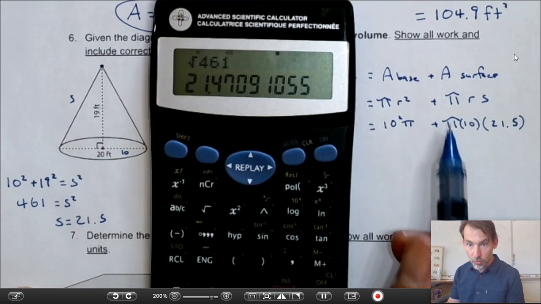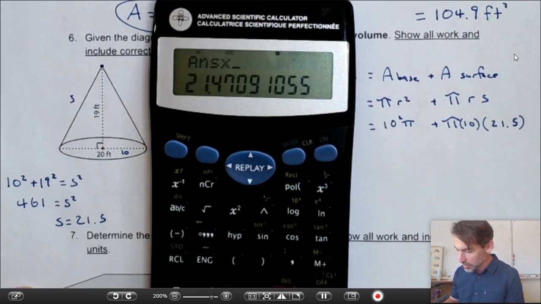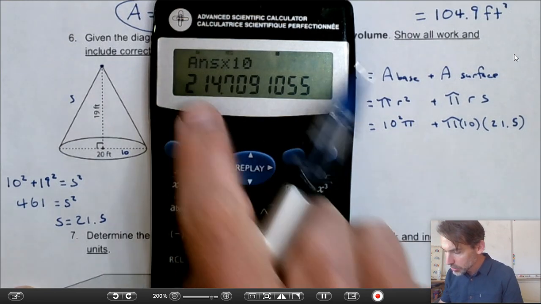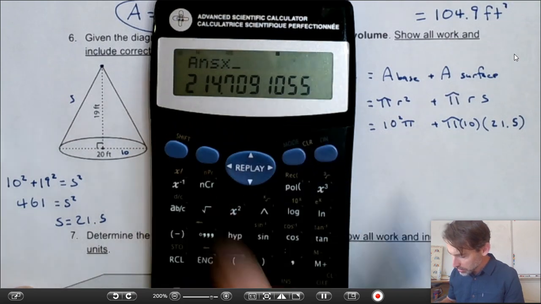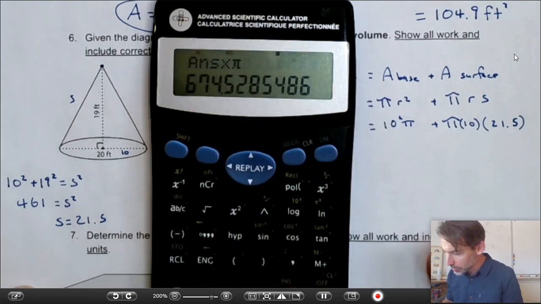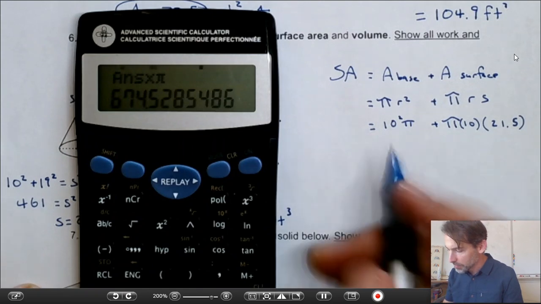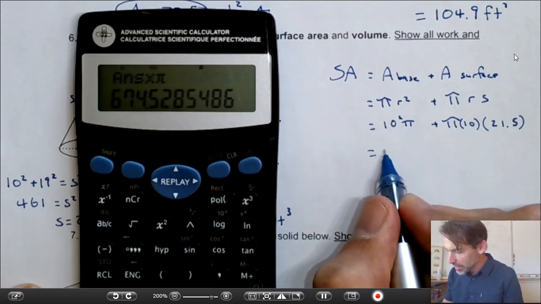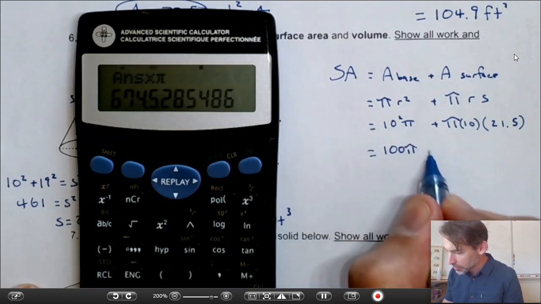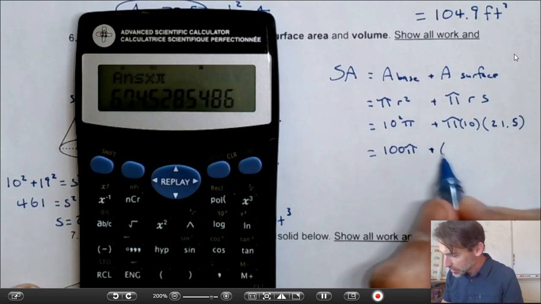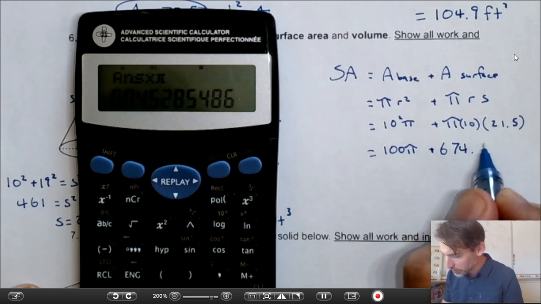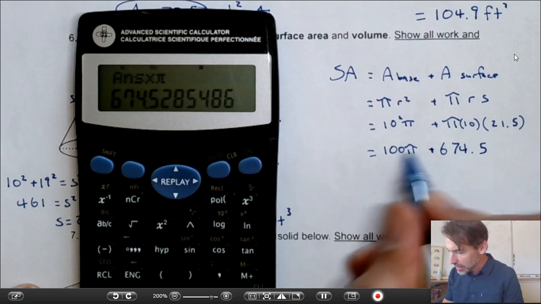So I'm going to start my work over there, okay? Times 10 equals, okay, so it's that number, times pi equals that number, 674.5. 10 squared pi is 100 pi plus this number, 674.5. All right, now let's add.